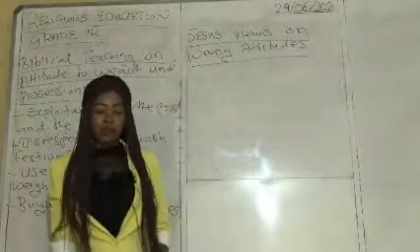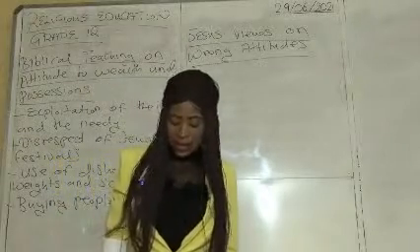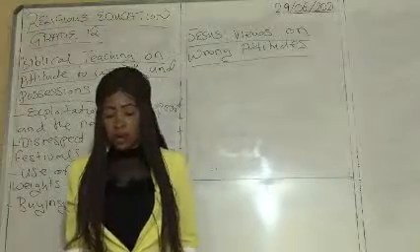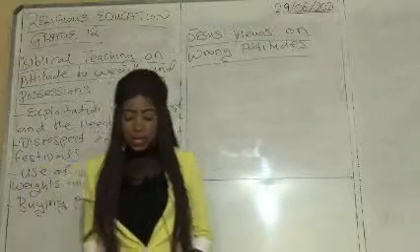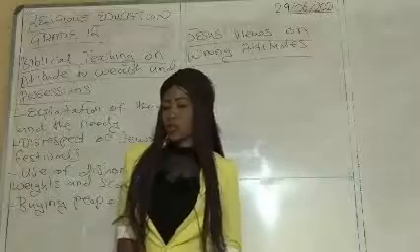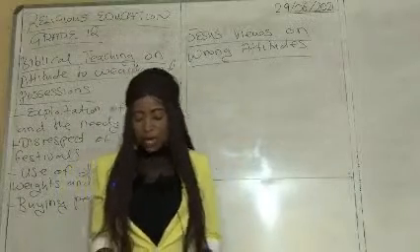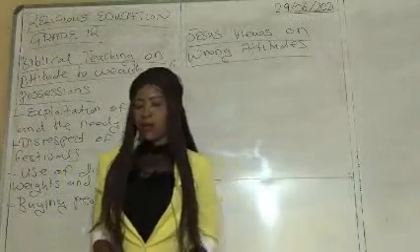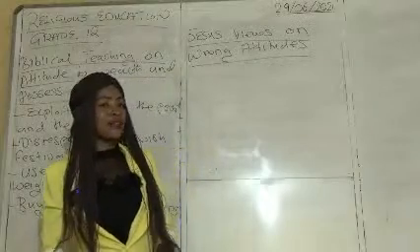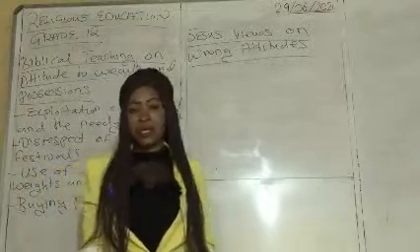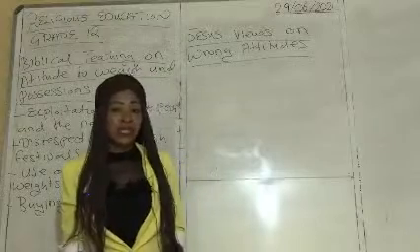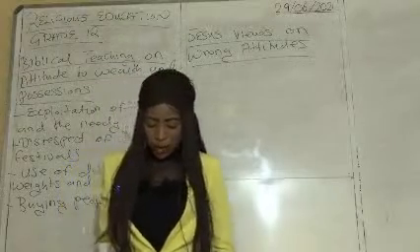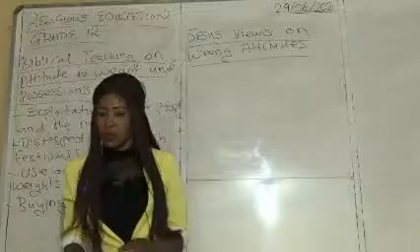Then the Bible also says love of money is the beginning of many evils in a person's life. What do I mean? You discover that if you love money more than God, you end up stealing. You end up killing a person just to be wealthy. You end up doing prostitution just to have money.